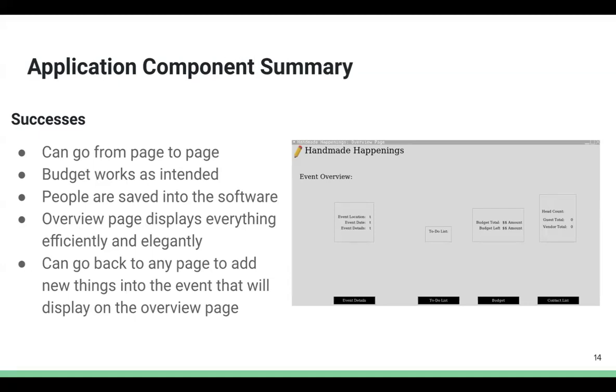Thank you. So the things we've actually had success with: we can go from page to page easily and fluidly. You can budget the whole event well, and the calculations work very, very well. People are saved to the software, like the contact list seen in the image over there. You can see the event details, to-do list, budget, contact list.